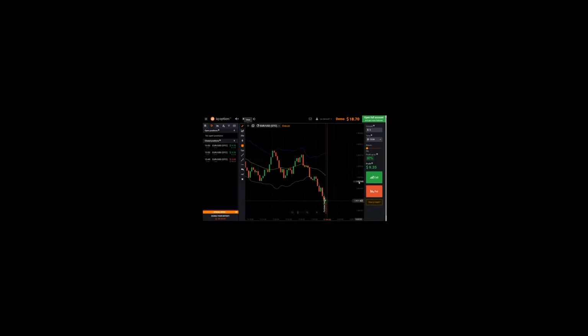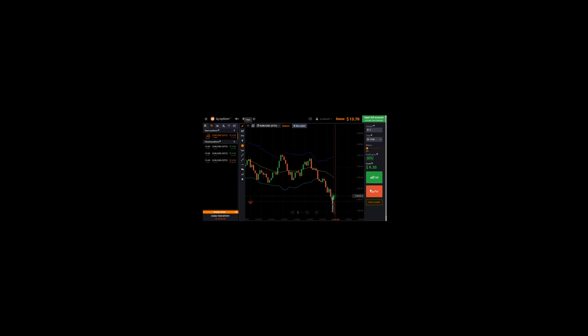Twice in a row, and the balance became $18.70. The next one, I needed to confirm whether the reversal had taken place or not.